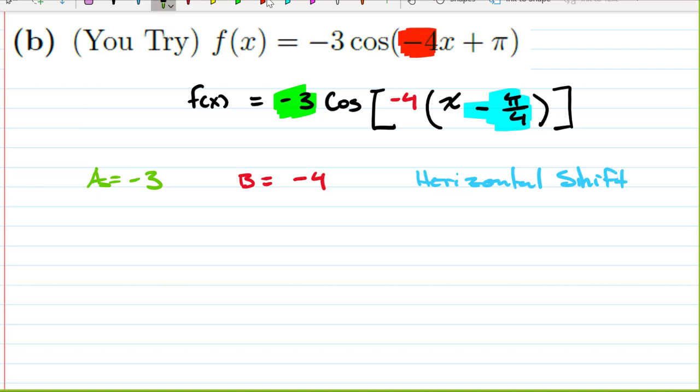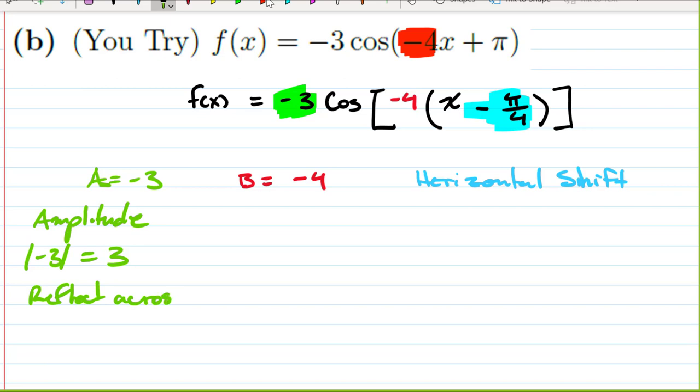So then the amplitude is the absolute value of -3, which is 3, and then we're going to reflect across the x-axis. That's what our a tells us. b gives us our period.